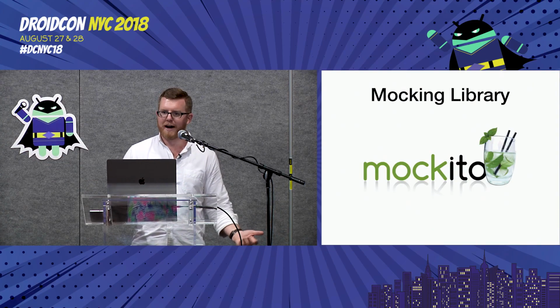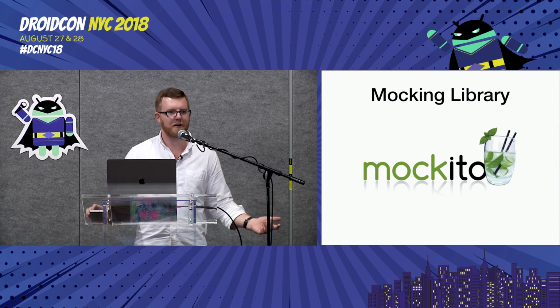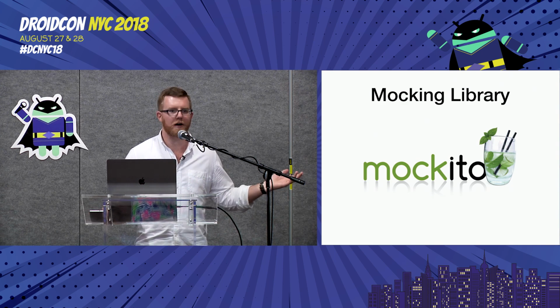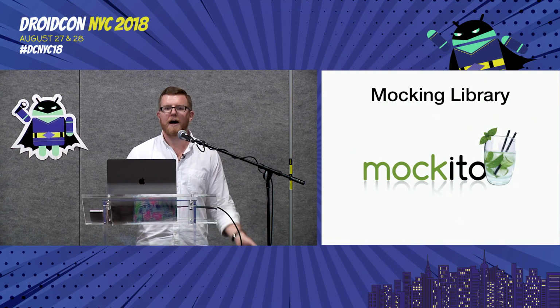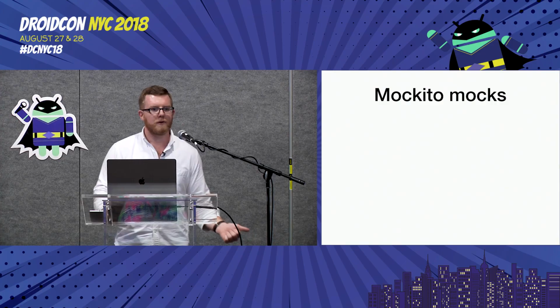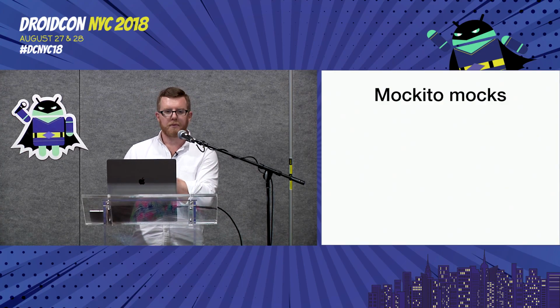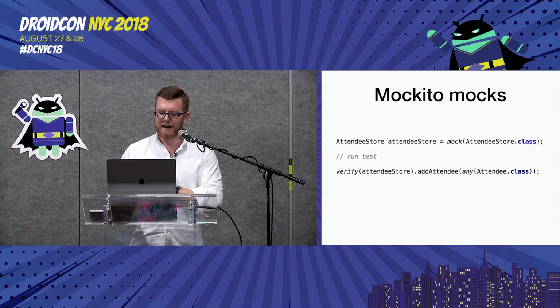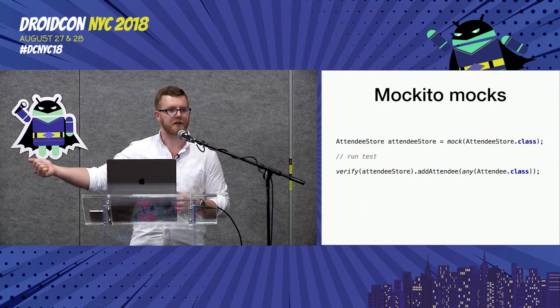So the mocking library I use, and probably most people use, is Mockito. There's also PowerMock, EasyMock, probably a dozen other mocking libraries out there, but the point should be about the same. So Mockito is probably the one to blame for overloading the term mocks for the most part. You'll see why. So Mockito does have mock objects, so you can say, hey, mock this particular class.